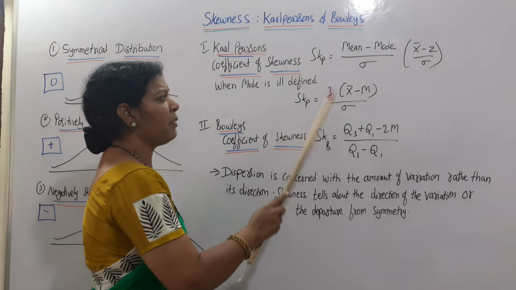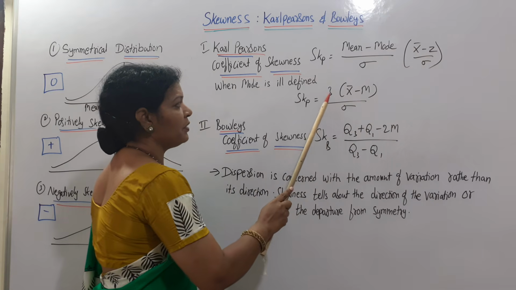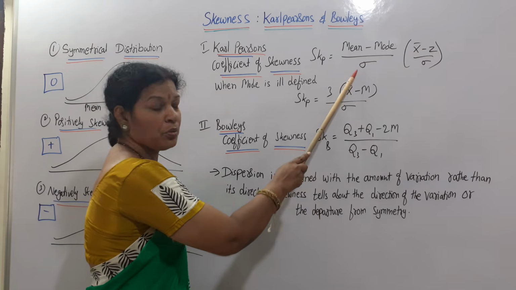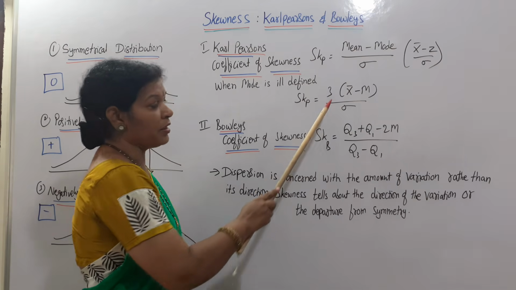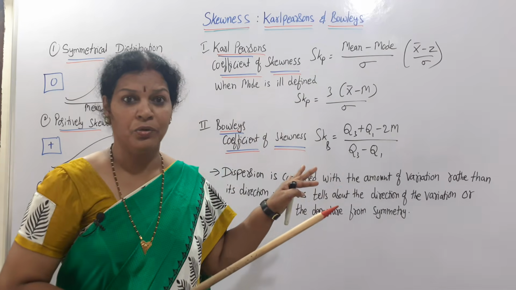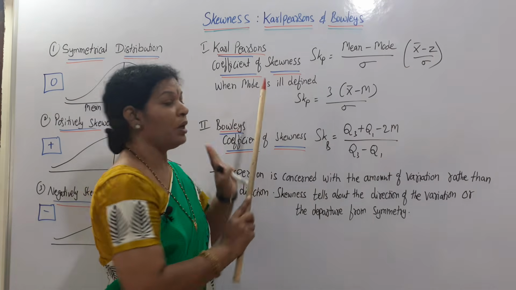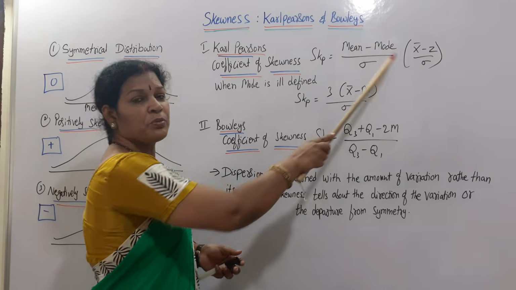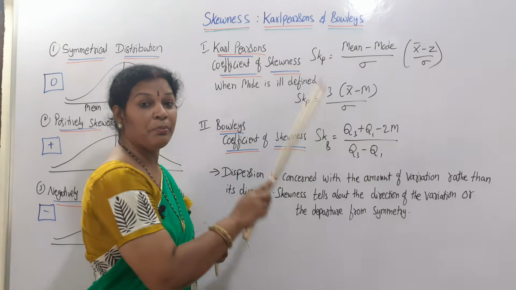Here Z is not there; in place of Z we put 3 into mean minus median. Rho is common in both. So remember Karl Pearson's skewness, two formulas. When mode is defined, x bar minus Z by rho. When mode is ill defined, 3 into x bar minus median by rho.